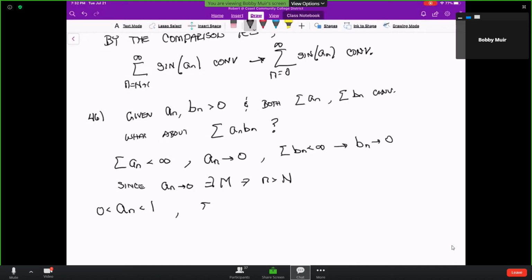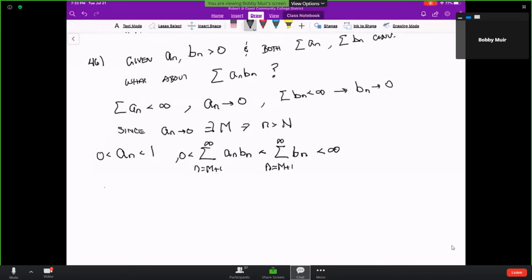So if I look at this sum starting at M plus 1 and going to infinity of AN times BN, well, that's going to be smaller than the sum going from M plus 1 to infinity of just the BNs, which we know to converge. So the same conclusion.